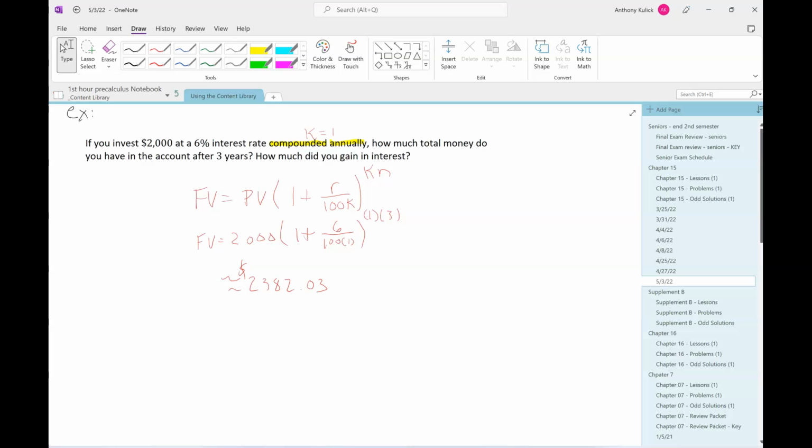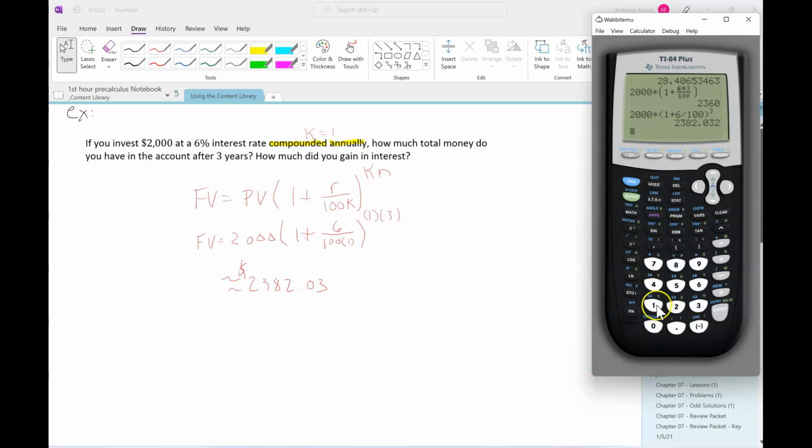Because after year 1, it takes the new number. I have 2120 in there, and the next year I make my interest off of that, and the next year I make my interest off of that number.